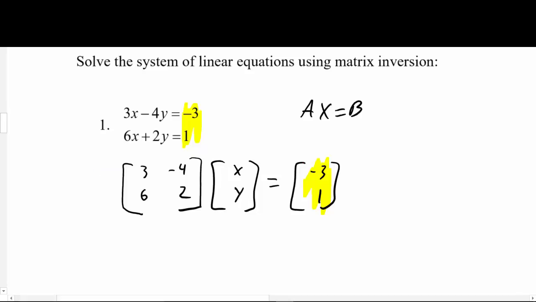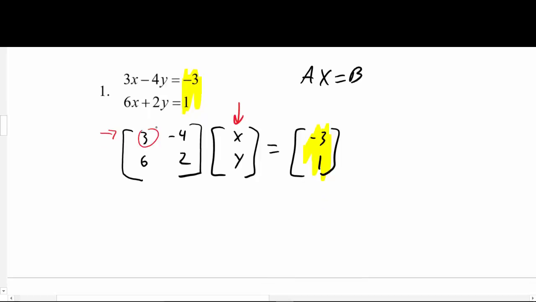Now, the one thing that sometimes gets students is to ask, why did you write your variables vertically? Well, because I did matrix multiplication. If I was going to go row 1 times column 1, what would that result in? Well, 3x plus -4y, and that whole thing would equal -3.